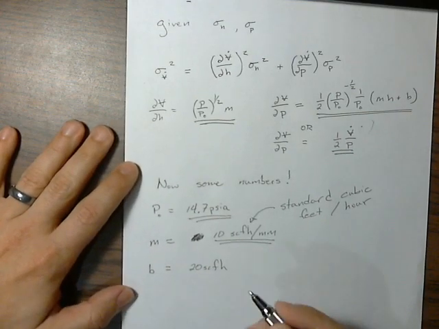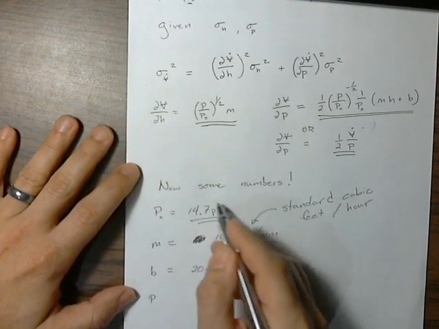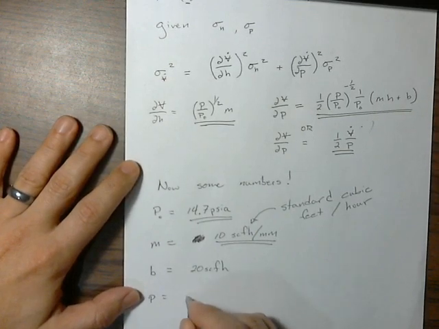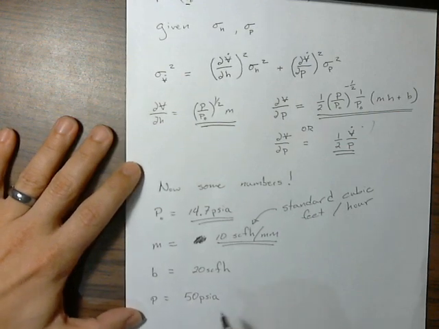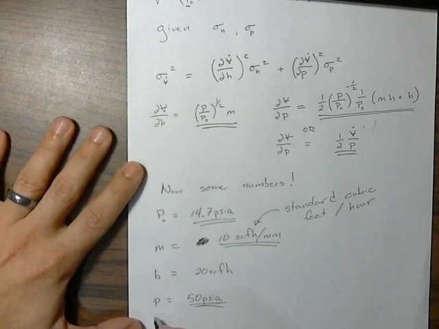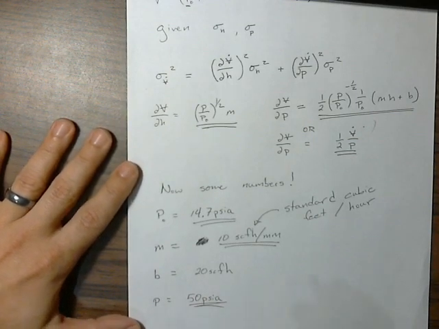Okay, so let's assume we're operating at some elevated pressure now. Let's say we're operating way up at, I don't know, 50 psi-A. It's a little high for a welding application, not crazy for plasma though.